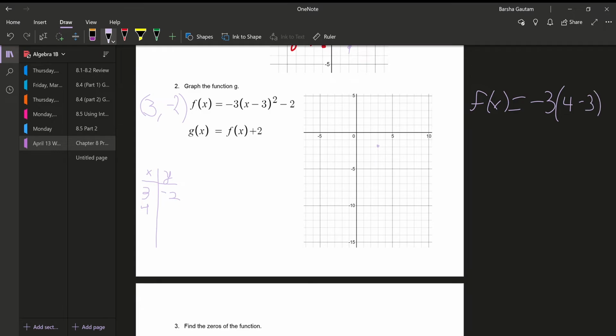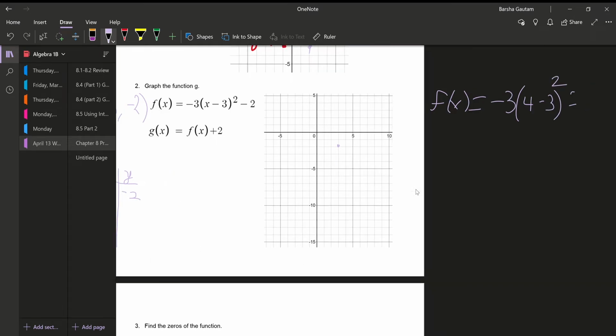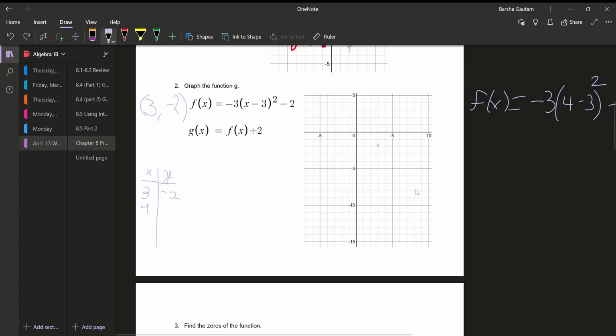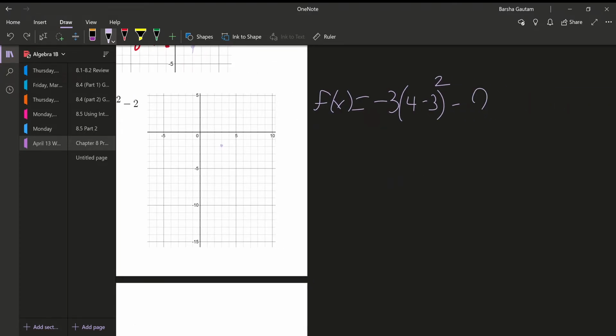minus 3 squared minus, oh, I'm running out of space here, minus 2, right? When we do that, 4 minus 3 is 1, squared is 1, so we have -3 times 1 minus 2.